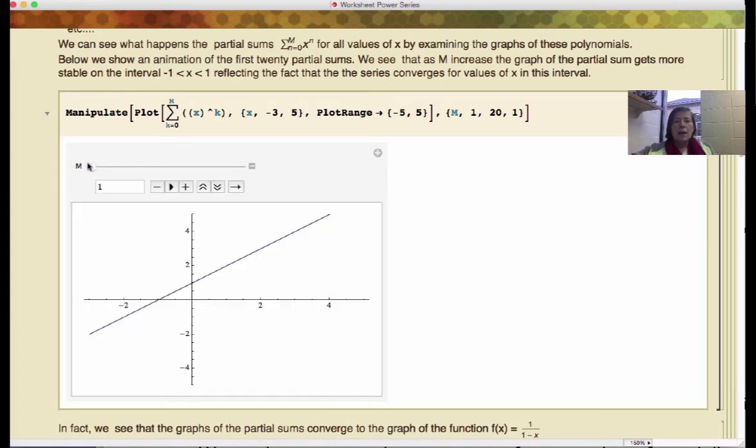Here we've taken m running from 1 to 20, and when I run the animation, you can see that for values of x between -1 and 1, the points on the graphs, the partial sums, have a limiting value, whereas outside that interval, they tend not to have any point where they settle, so the graphs don't have a limiting value.